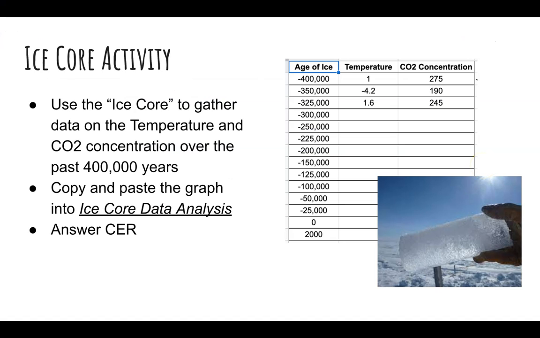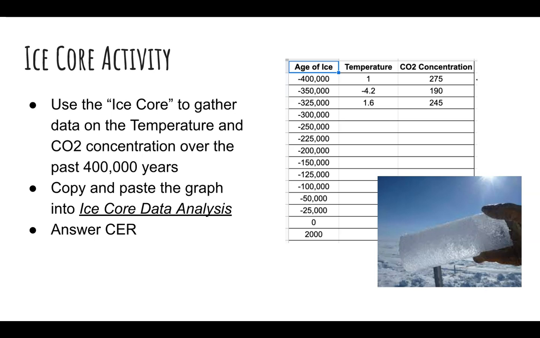What you're about to do is look at a virtual ice core. The information in the virtual ice core is the actual information that NASA scientists have been using to determine the changes to Earth. In the virtual ice core video, you're going to gather data on the temperature and CO2 concentration over the past 400,000 years.